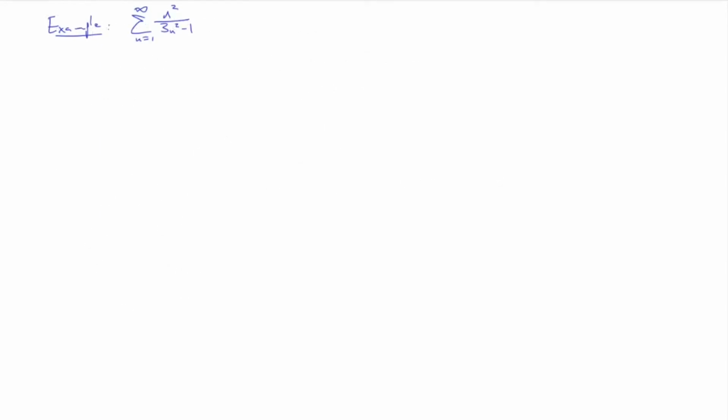Let's do a quick example so that you see what I'm talking about. Let's look at the series, the sum n equals 1 to infinity of n squared over 3n squared minus 1. And let's look at the limit as n goes to infinity of the terms of this series. Well, there's more than one way to do it. Probably the easiest is to use L'Hopital's rule. And by L'Hopital's rule, since this limit is of the form infinity over infinity, it's equal to the limit as n approaches infinity of the derivative of the numerator divided by the derivative of the denominator, and 2n over 6n is just 1/3.